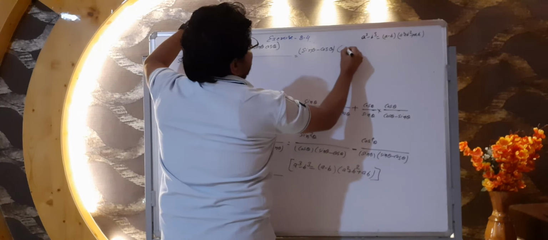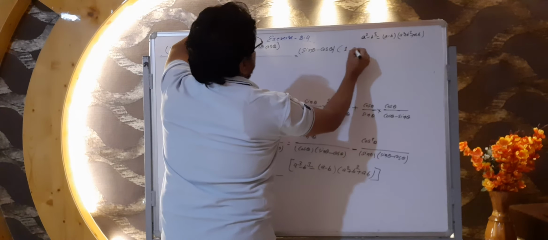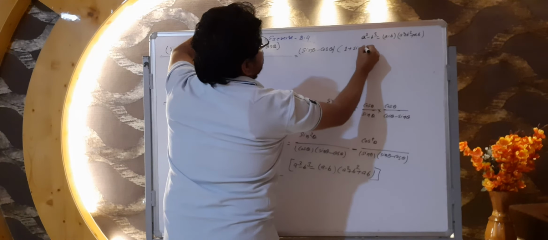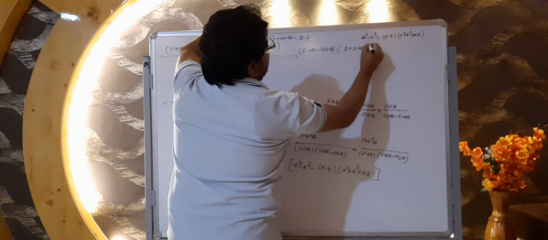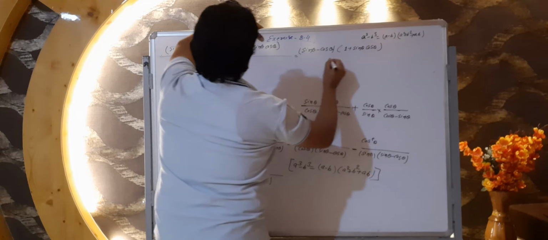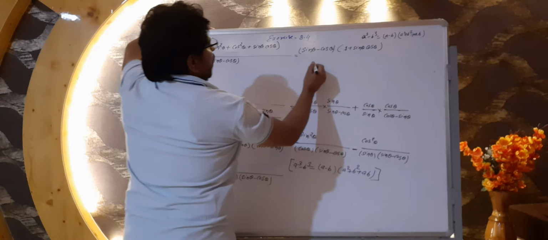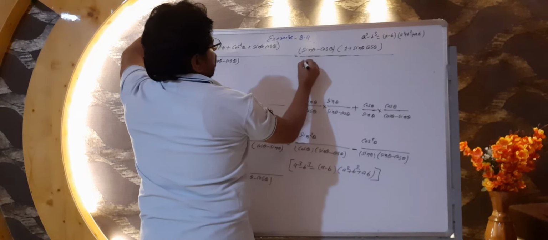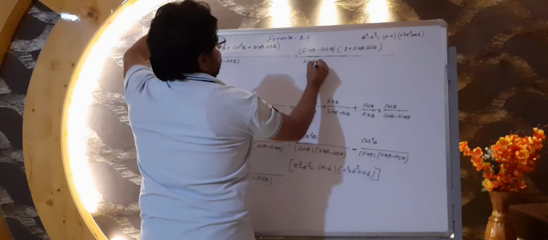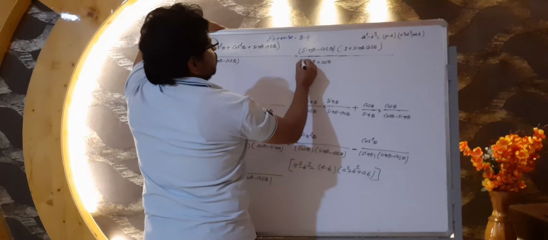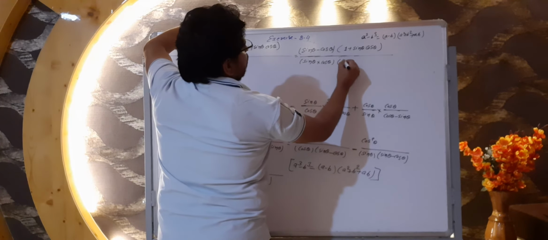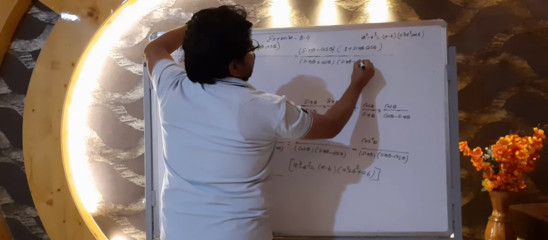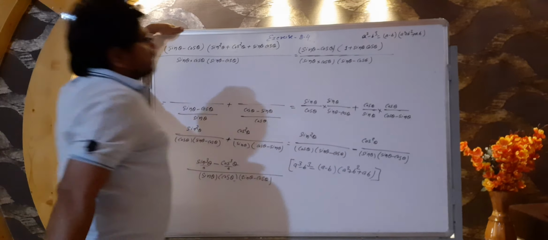So we have to write here in another bracket 1 plus sin theta cos theta, upon sin theta into cos theta, and sin theta minus cos theta.